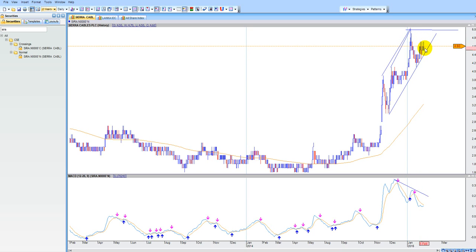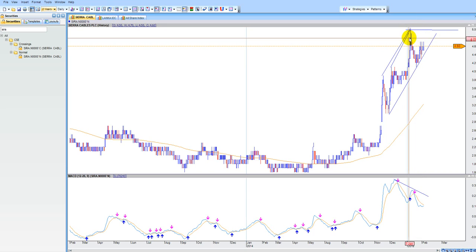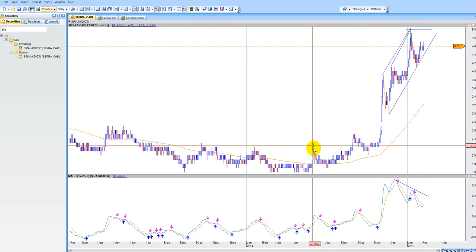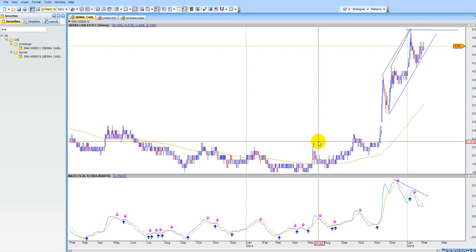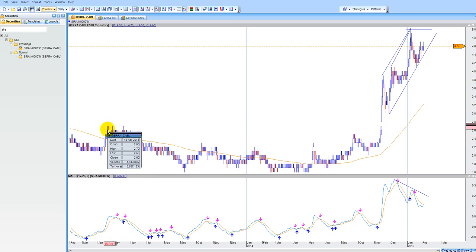You see here, that means the price is not able to close on top. Look at here, it's a wick. We could not find one here, but look at this here.